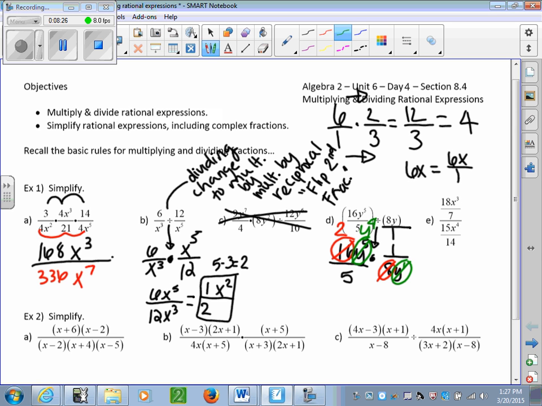All right, so once I've simplified everything I can by hand, I'm going to go ahead and multiply across. So in my numerator, I have a 2 right here, and a y to the 4th, and a 1. So 2 times 1 times y to the 4th will give me 2y to the 4th, divided by, in the denominator, all I'm left with is a 5, so I just write down the 5, okay?